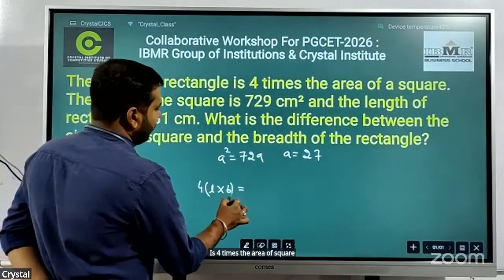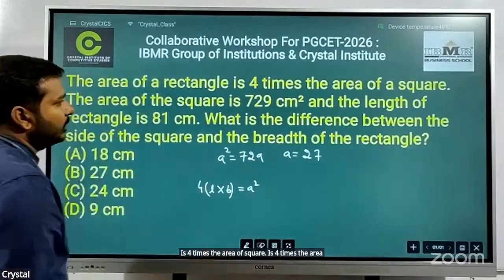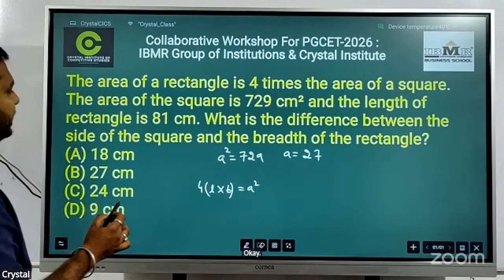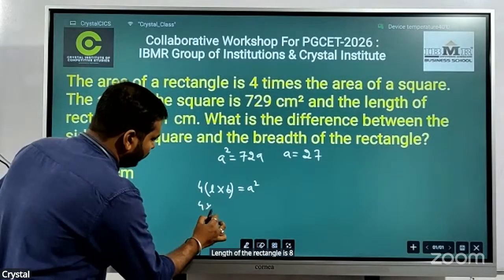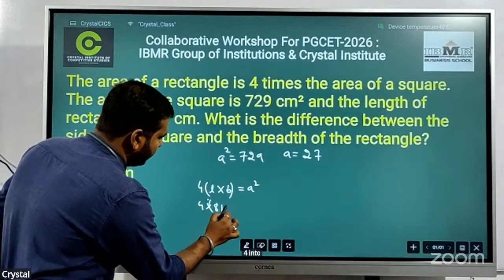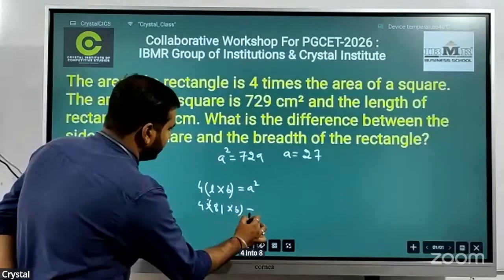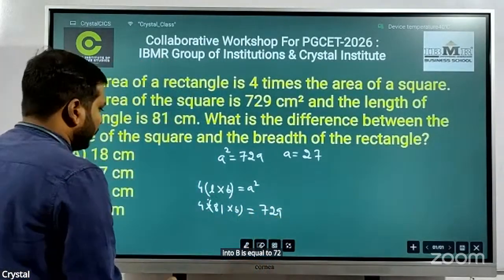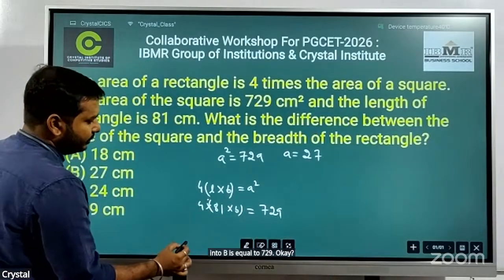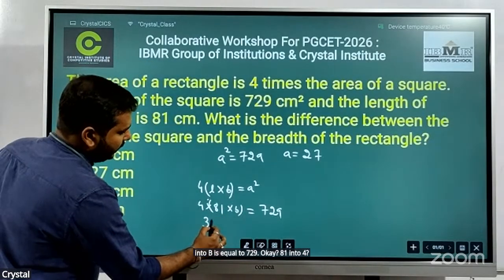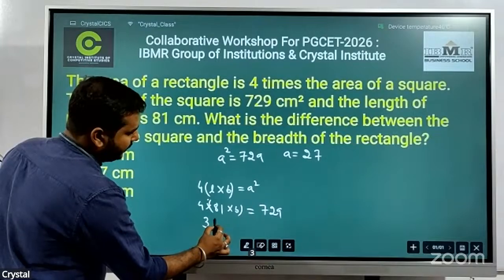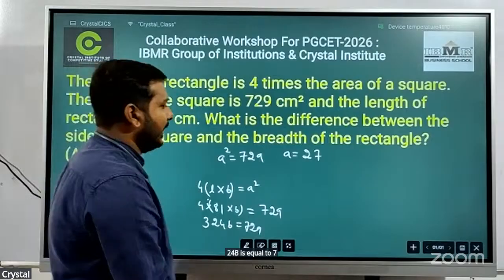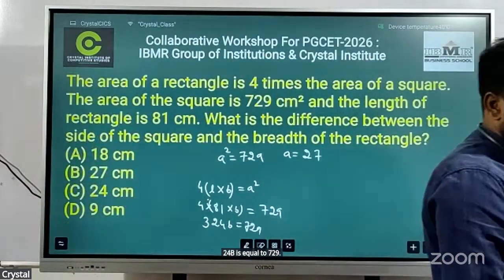Length of the rectangle is 81, so 81 into B is equal to 4 into 729. Okay, solve this.